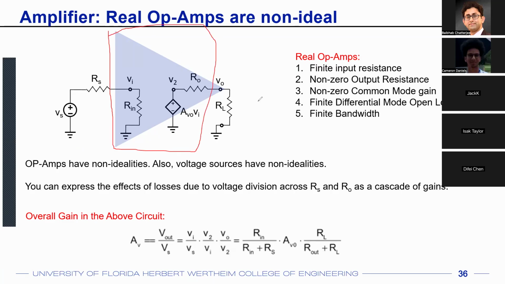I don't care what is inside my black box. How do I know that if I connect a load resistance over here, what would be my voltages and effective resistances looking into that black box? That's what your Thevenin theorem will tell you.